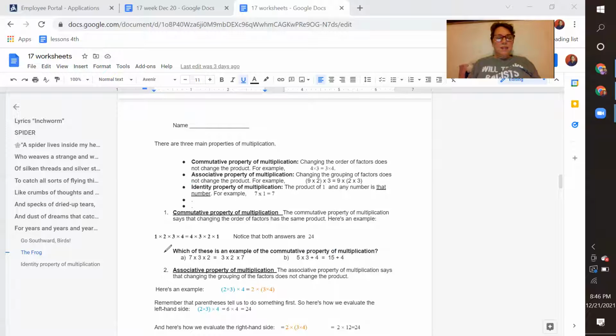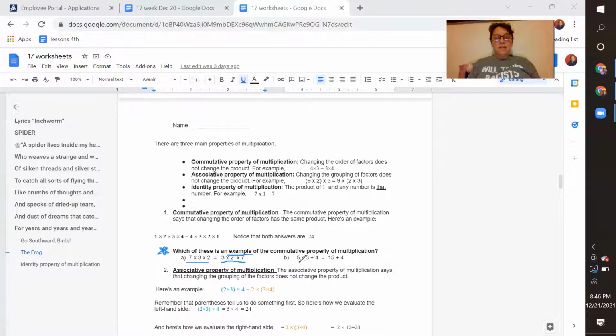And the next one is a question for you. You have to circle the good answer. Which of these is an example of the commutative property of multiplication? Is it A, 7 times 3 times 2 equals 3 times 2 times 7?